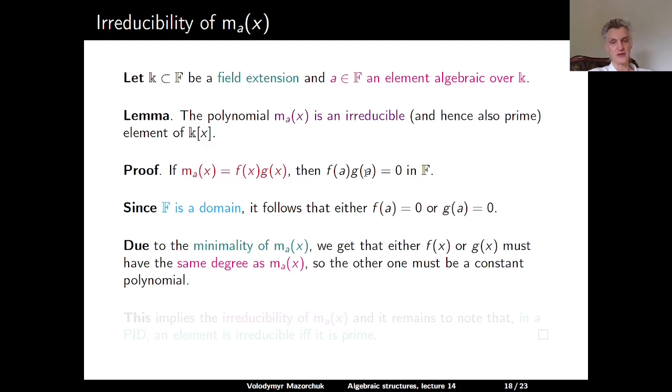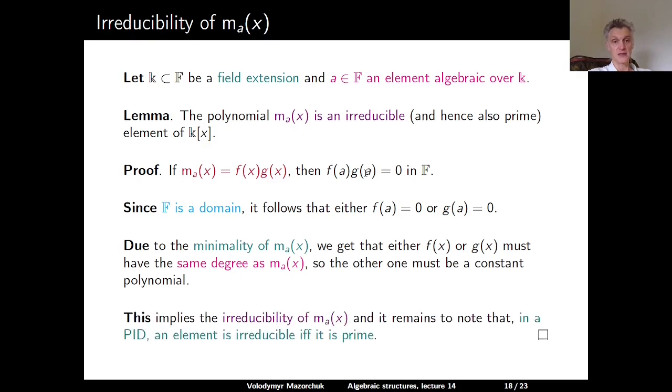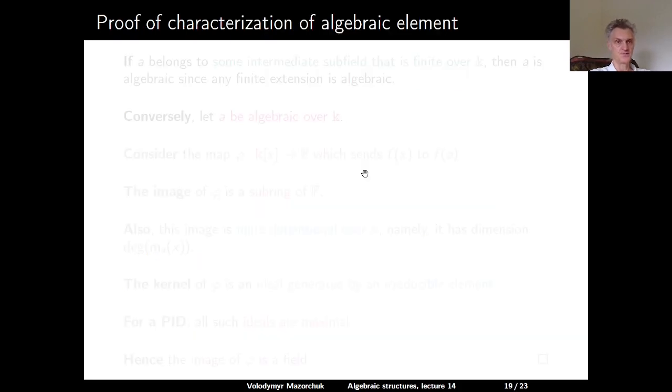But then the other one should be a constant polynomial, it should have degree 0. And non-zero constant polynomials are invertible. And this implies that m_A of x is indeed an irreducible element, and for principal ideal domains, irreducible elements are the same as prime elements.